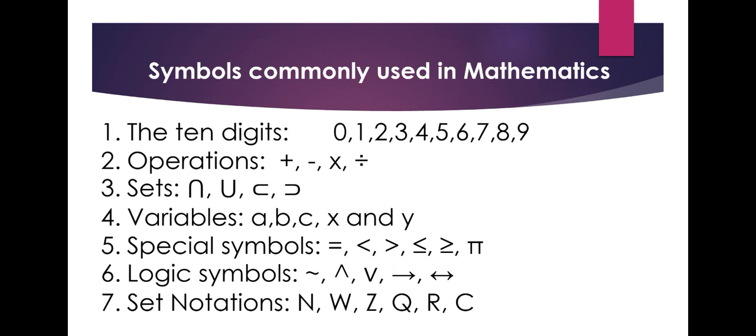Magbibigay tayo ng example. And then, we also have the symbols or the variables, na kung saan ang variables, ito yung mga letters sa alphabet. So, ang pinaka palaging ginagamit na variables is yung X and Y, or sometimes A, B, C din.